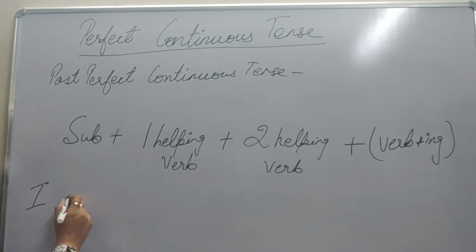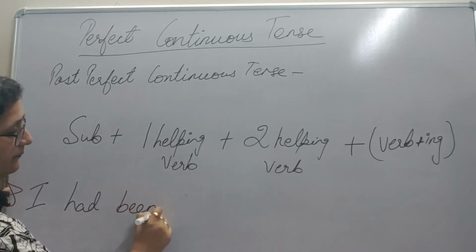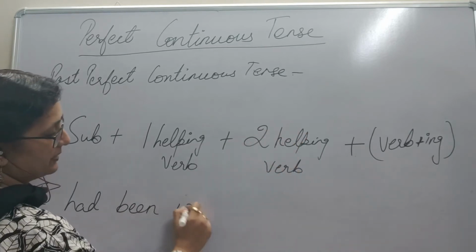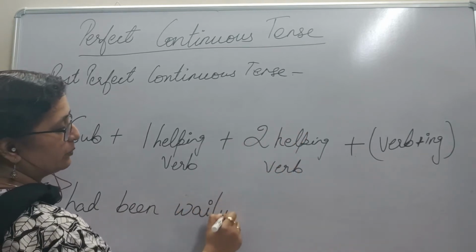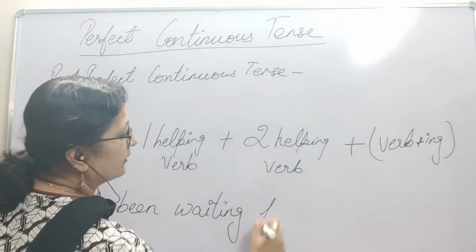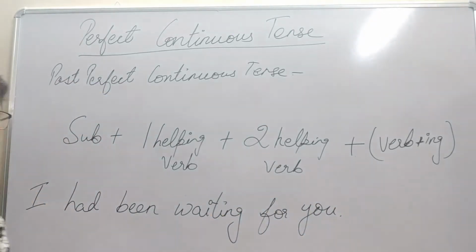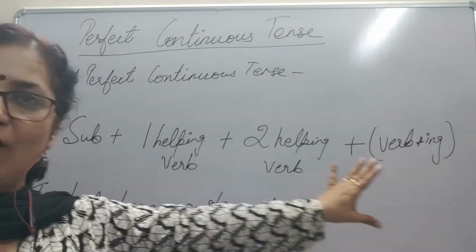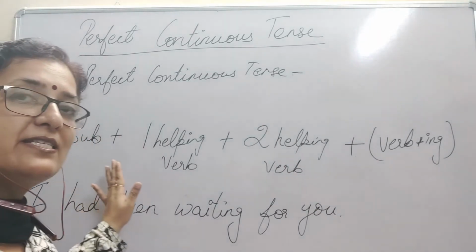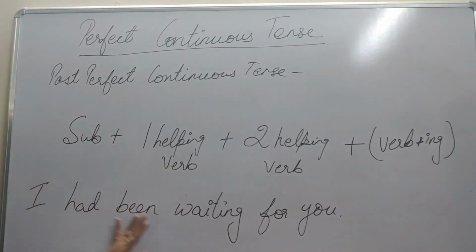You remember we are doing the past one first. I had, second helping verb, been, verb, suppose your sentence is wait, we use ing. I had been waiting for you. Now you see a huge formula and very easily the words are put into that formula. I had been waiting for you.